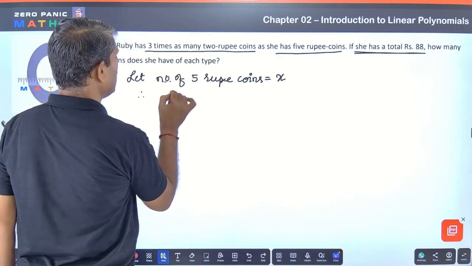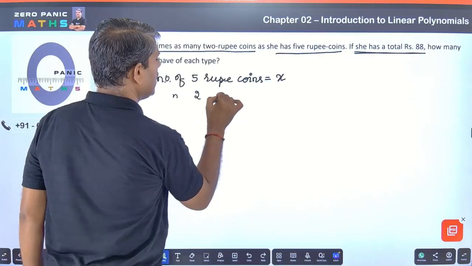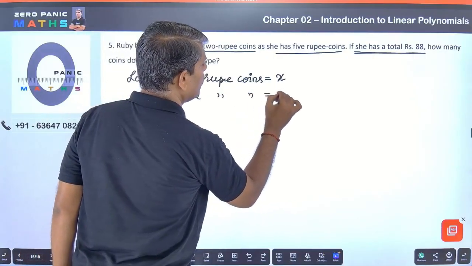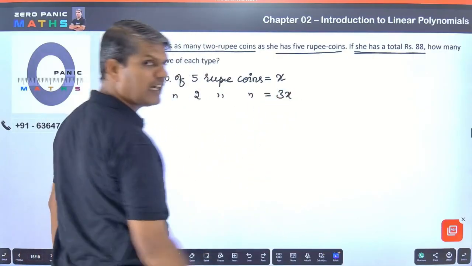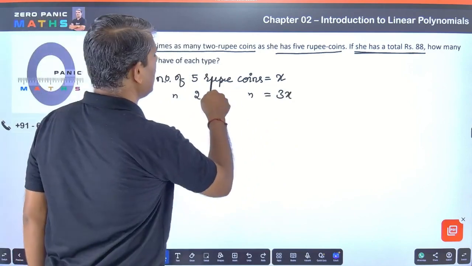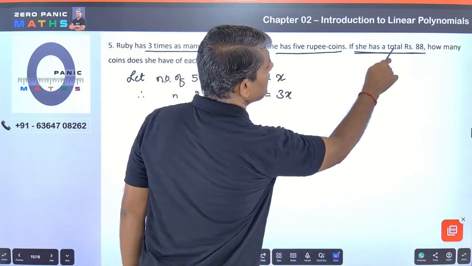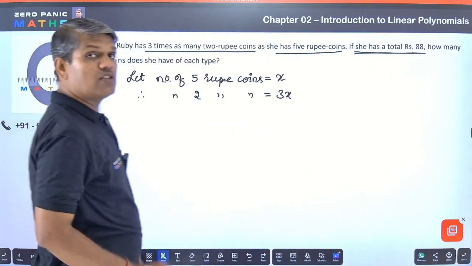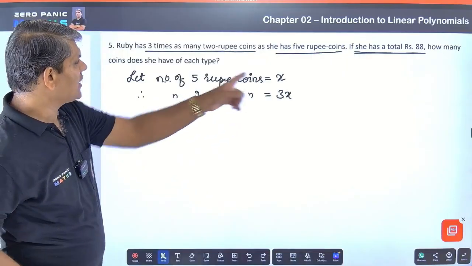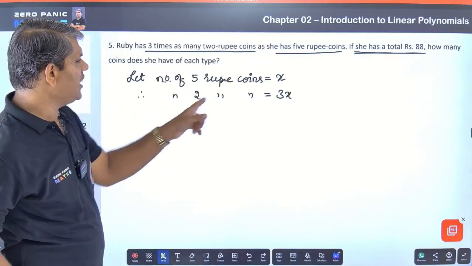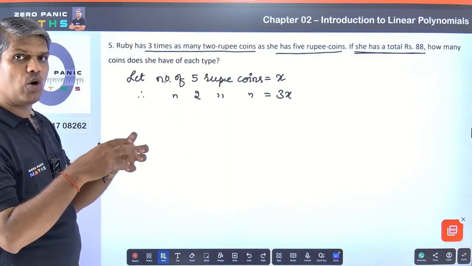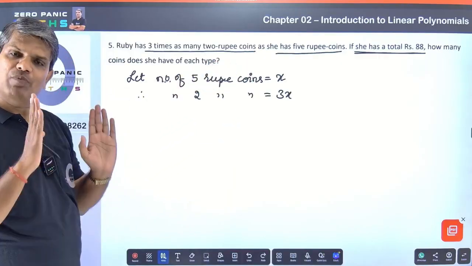So therefore the number of 2 rupee coins is equal to 3x. Correct? Okay, x is 5 rupee coins and 3x is 2 rupee coins. If she has a total of 88 rupees, so when she has x 5 rupee coins and 3x 2 rupee coins, if you add both, you should be getting 88.